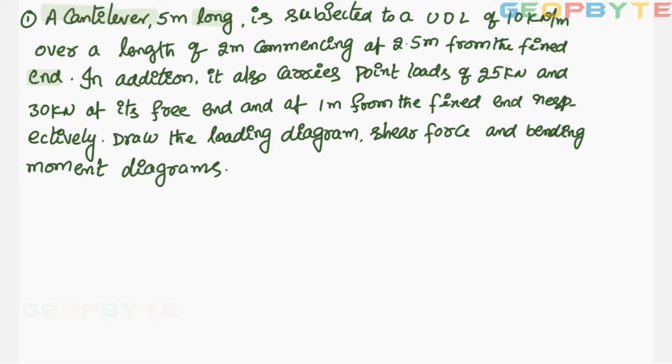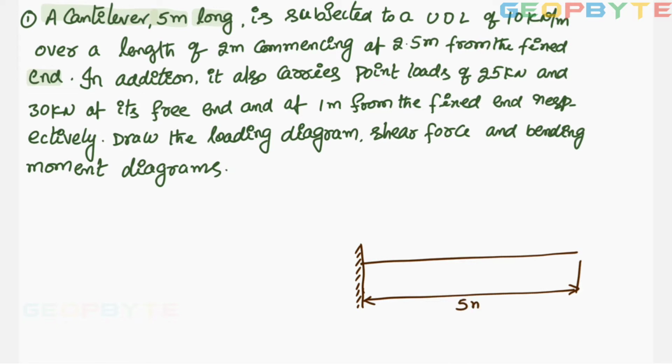A cantilever of 5 meters long. Length of the cantilever beam is 5 meters. It is like this. This is the 5 meters length cantilever beam, subjected to a UDL of 10 kilonewton per meter over a length of 2 meters, commencing at 2.5 meters from the fixed end.